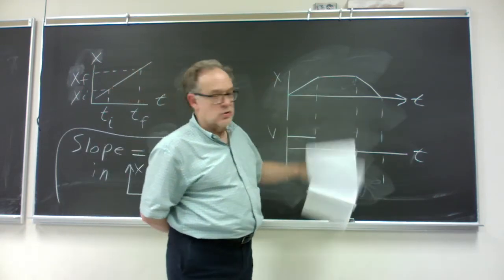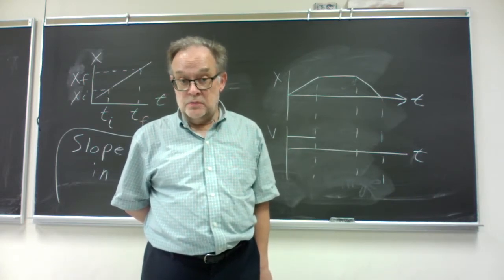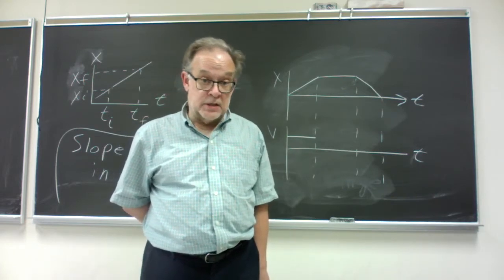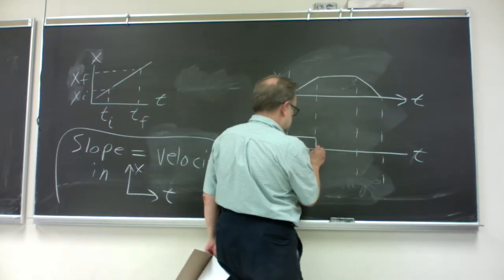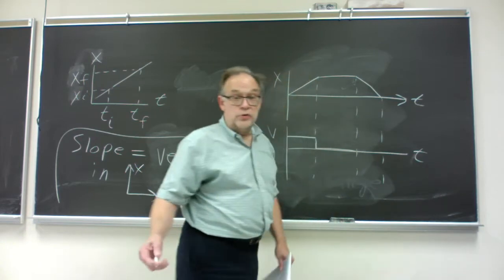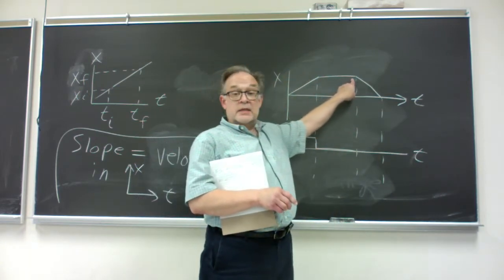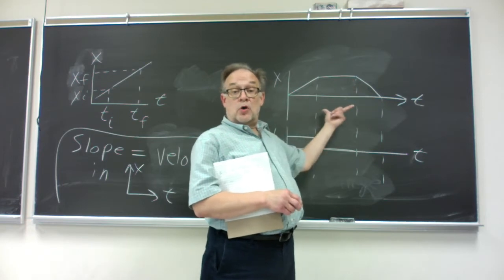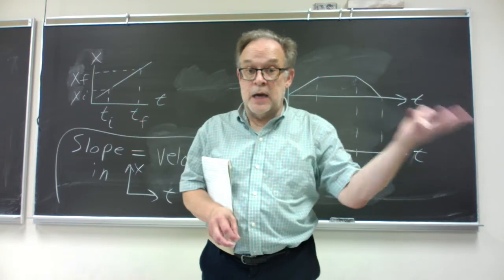During the second time interval, we've got a flat line. The slope of a flat line is 0. Slope is velocity, so the velocity is 0. Or you could just as easily say the location is staying the same all through this time interval. Location staying the same just means it's not moving.